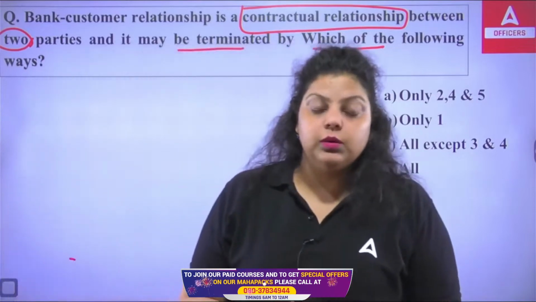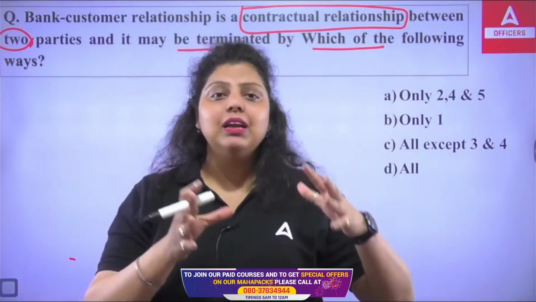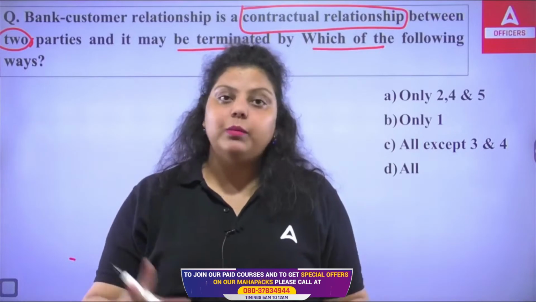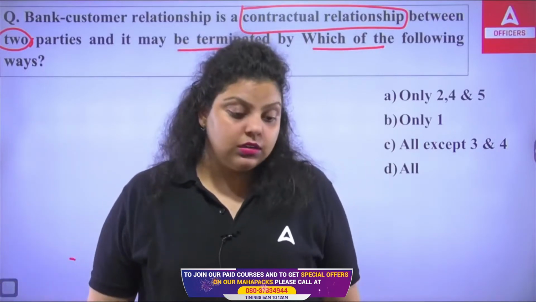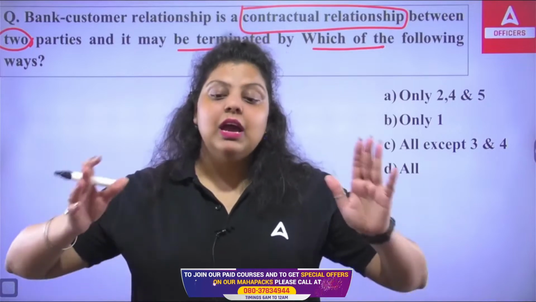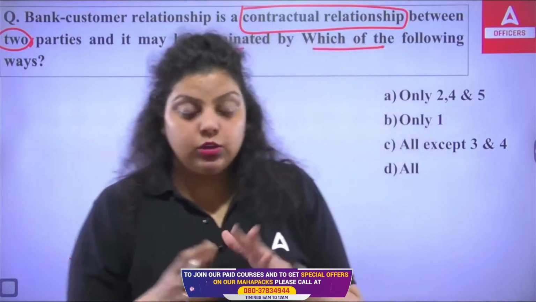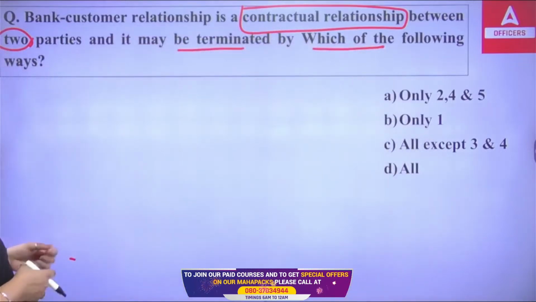Contractual relationship simply means the bank and customer have become partners of each other in performing a certain service or product, financial products and services, and they are helping each other in their requirements. So they have created a contract among them, and accordingly they are working together.